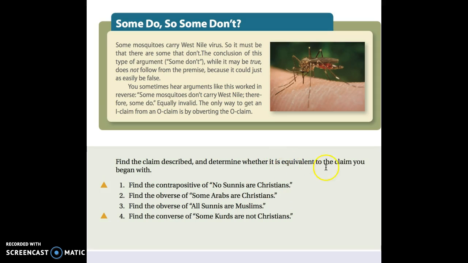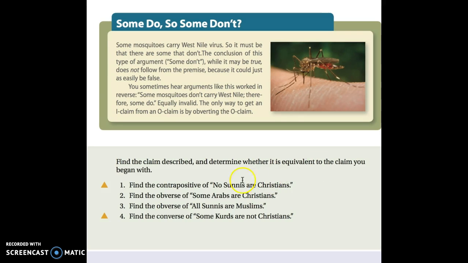And then you have to ask, are they equivalent to the original claim you began with? Remember, this is an E claim, and the rule for contraposition is only A and O are logically equivalent. So the contrapositive of this, which would be no non-Christians are non-Sunnis, would not be logically equivalent.